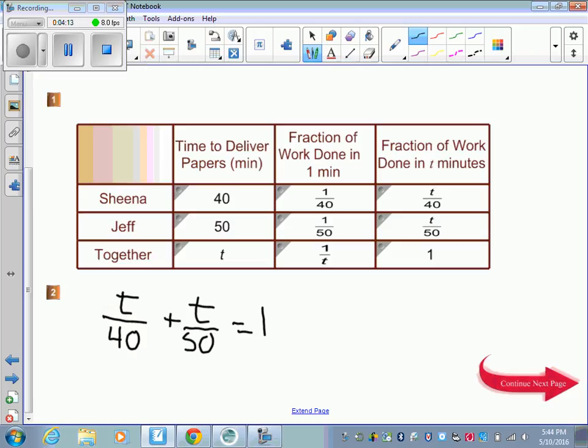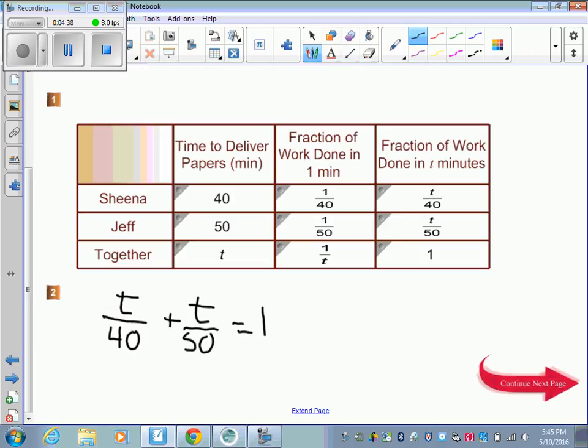So again, just like in rational equations, we want to solve for t, so we want the denominator to disappear. We want to make an equivalent equation with no denominator. So I look at the common denominator here, and the common denominator is 200. I'm going to multiply each part by 200, or in other words, just the missing piece.